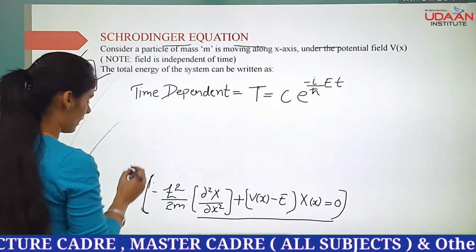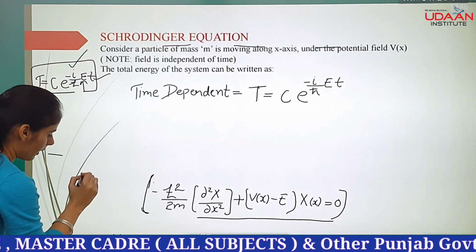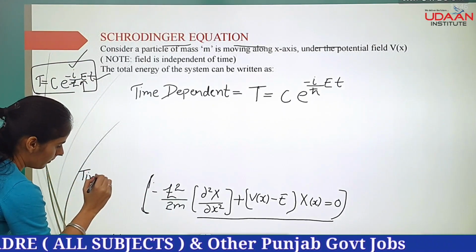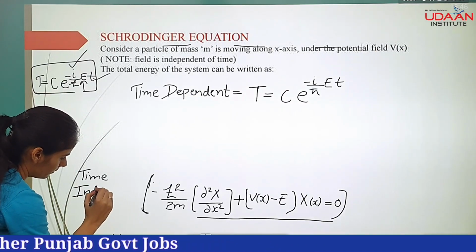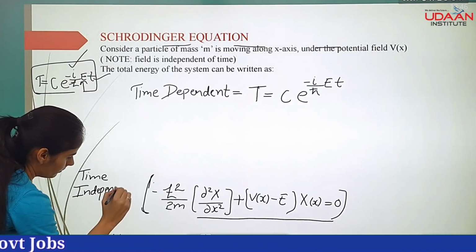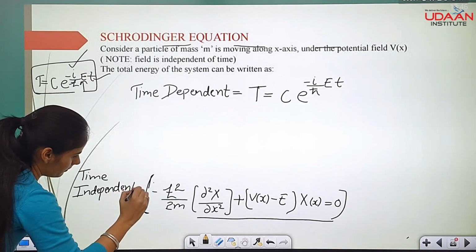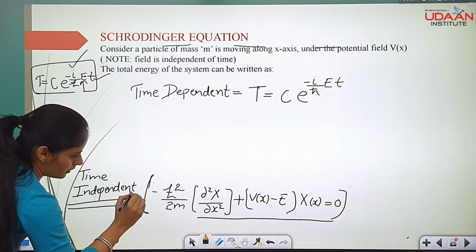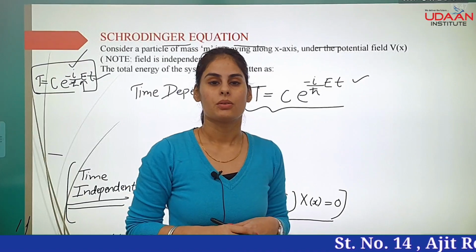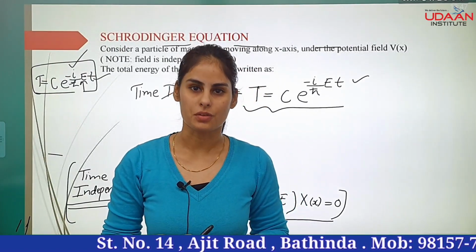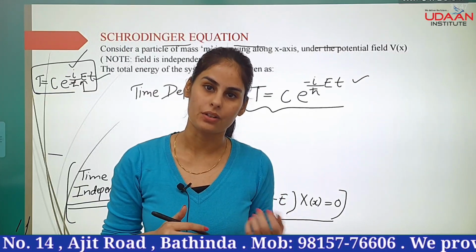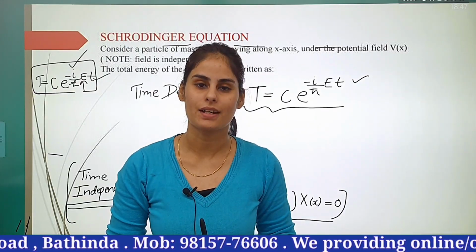Okay, and this is our time independent Schrodinger equation. So that's all for today's class, and tomorrow we are going to discuss the numericals related to this particular topic. I hope you understand this very well.